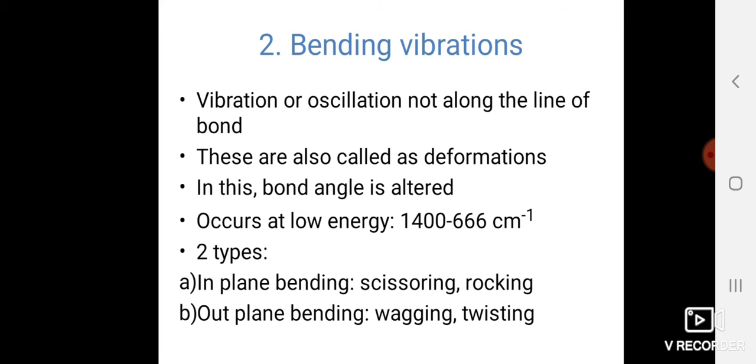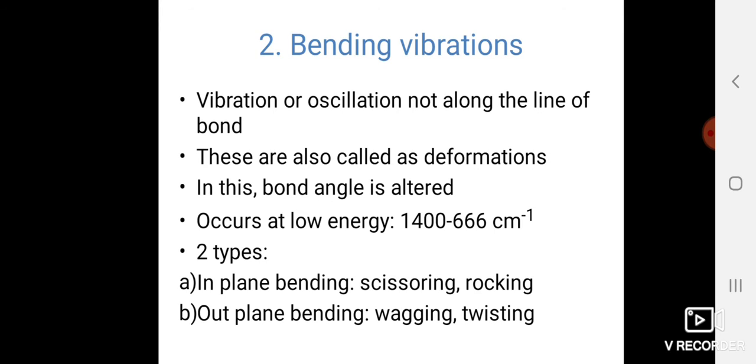Then we come across bending vibrations. In bending vibrations, the oscillations can go out of the plane, so it is not always in the same plane. It occurs at a lower frequency, meaning lower energy, 1400 to 666 per centimeter.